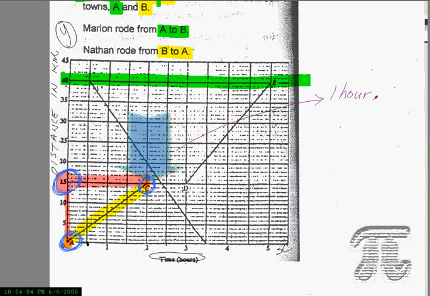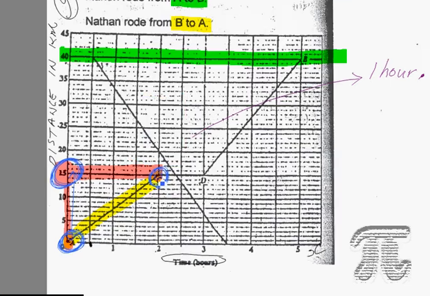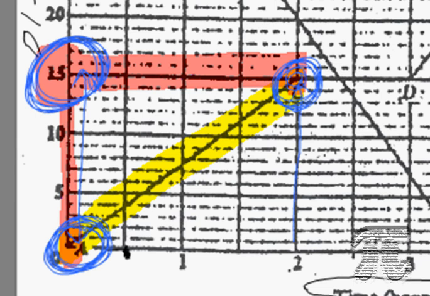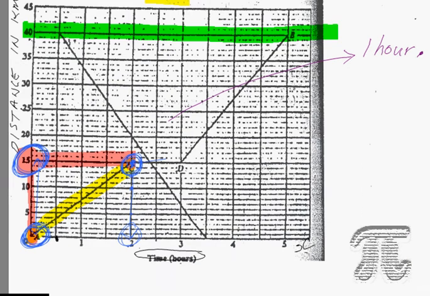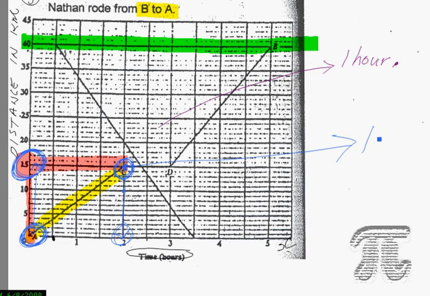So the distance would be between these 2 points here. C is here. Even if you check it from here, it would be 5, 10, 15. So there you go. It's 15, and they ask for it in kilometers, so it's 15 kilometers.